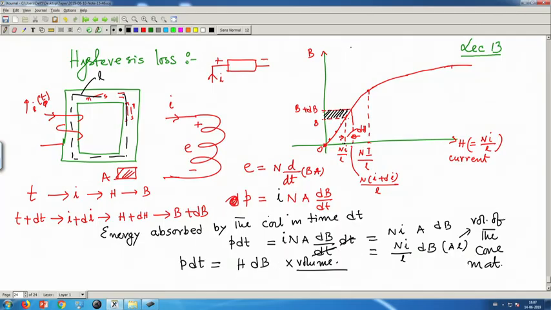Therefore, what is the total energy supplied then? Total energy supplied to whom?